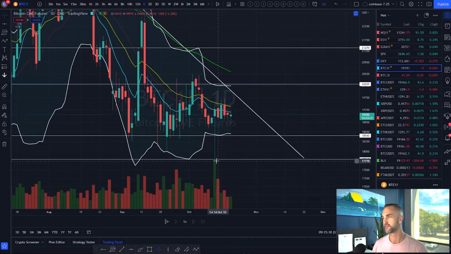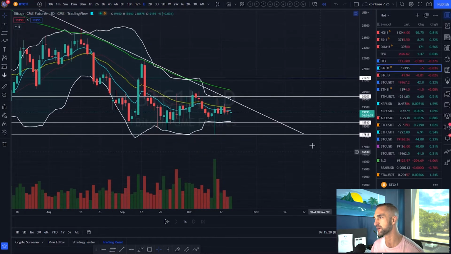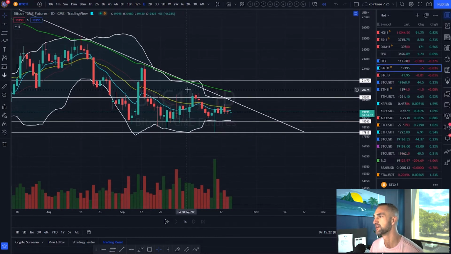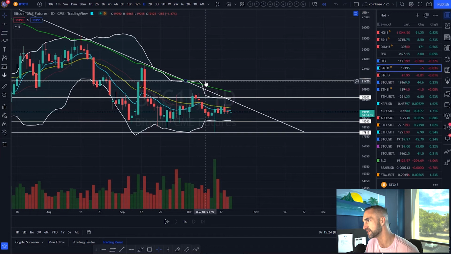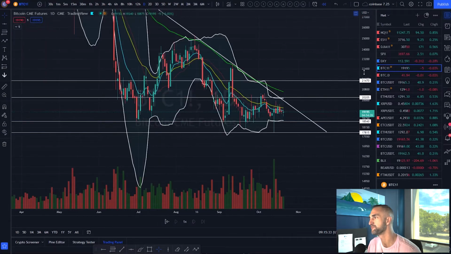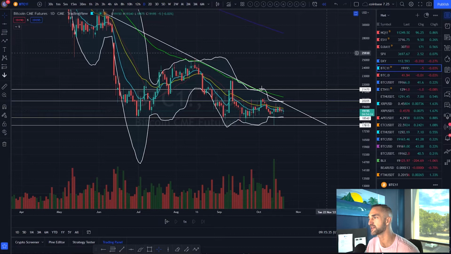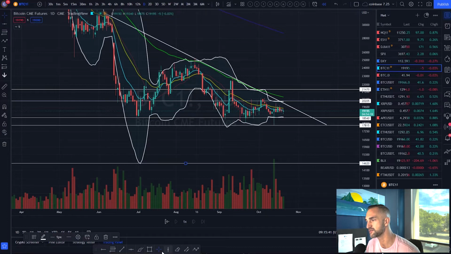Now, for the big move to happen, we're talking about 25 to 40%. You're really going to need to see a daily closure above 21.5 or below the last prior wick right here. And it's actually really easy to measure out the targets using the Bollinger Bands in this way.